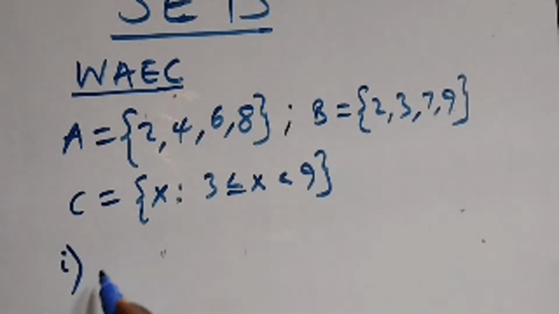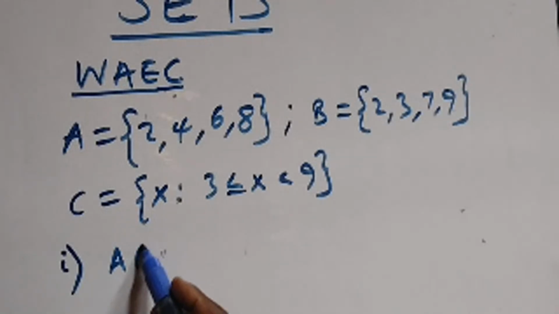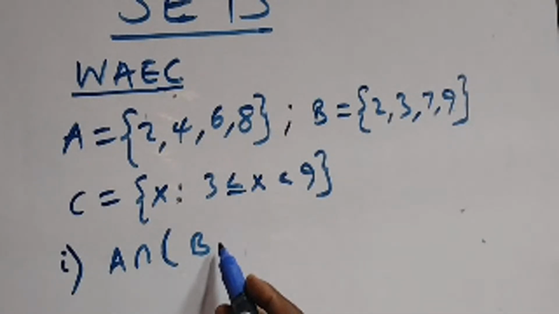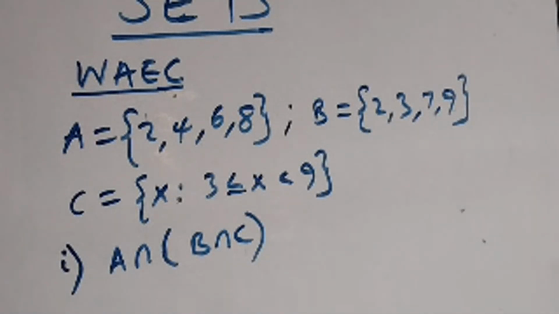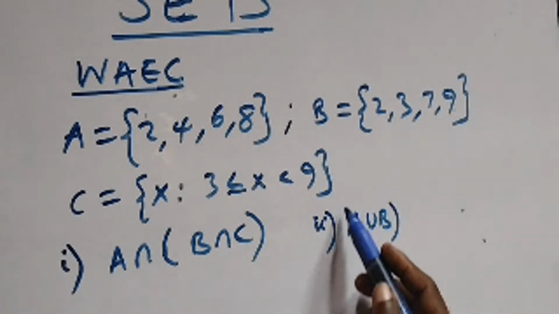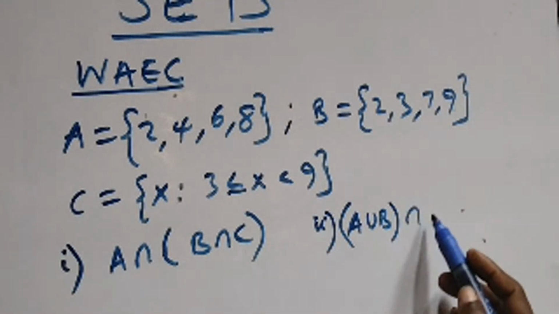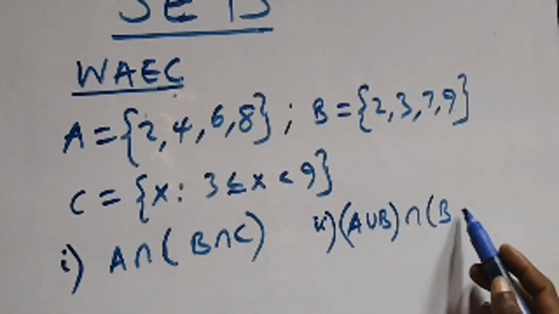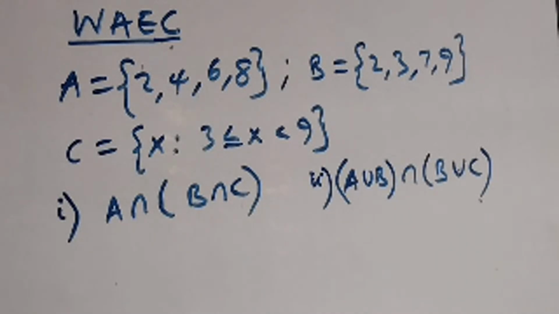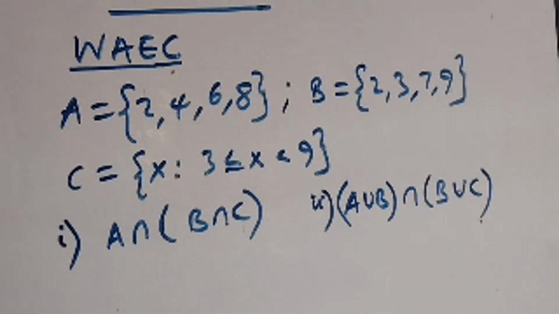Find one: A intersection B complement intersection C complement. And the second one we have to find: A union B complement, then intersection B union C. So this is the question given, and it says these sets are subsets of the universe set.